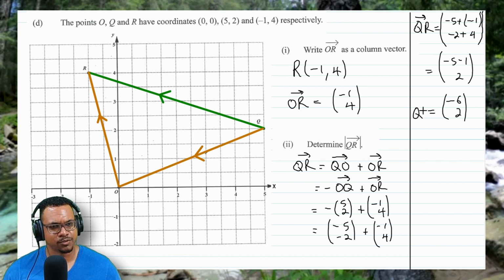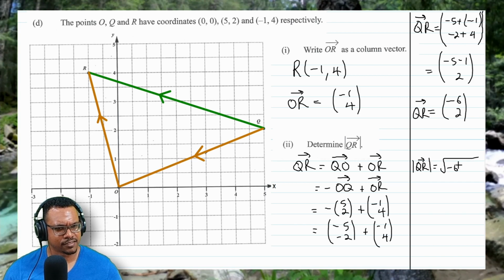So this is my vector QR. Now the magnitude of that vector QR will be the square root of negative 6 squared plus 2 squared. That's the X component squared plus the Y component squared. Negative 6 squared is 36 and 2 squared is 4. So that has to be the square root of 40. Let's put units.